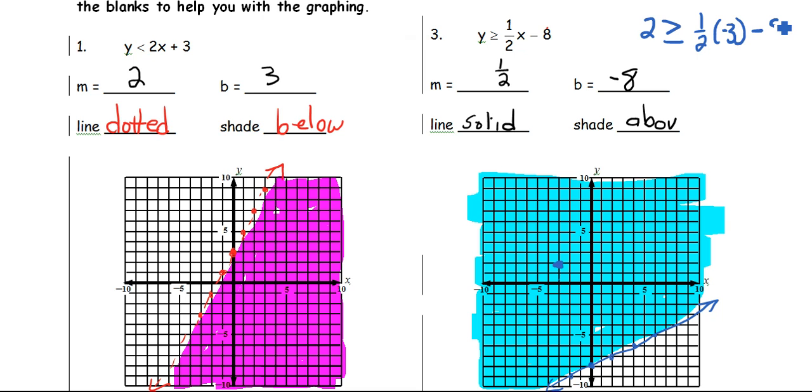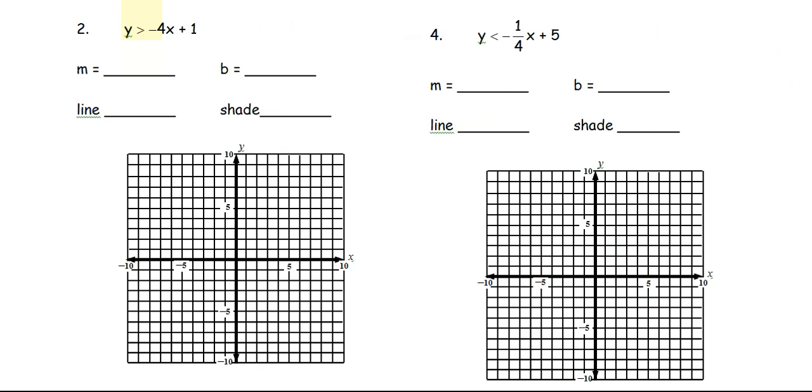And when I work this out, I would find that indeed 2 is greater than -9.5. And that's true. 2 is greater than -9.5. I could do that for any point. I could pick anywhere in that blue section, or I could pick anywhere on that line, or one of those points, and it would work.